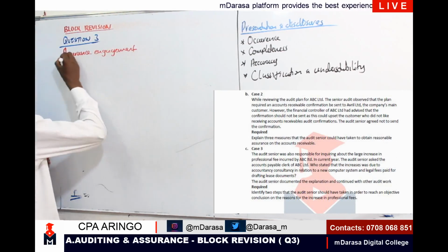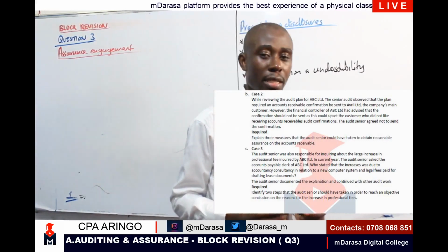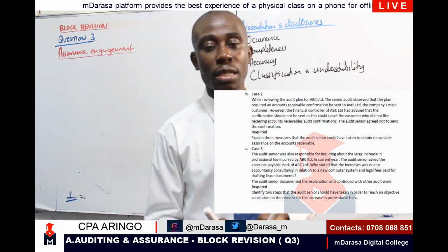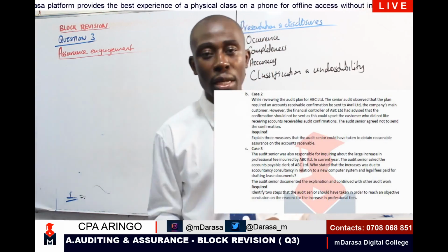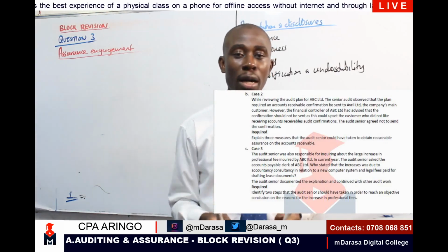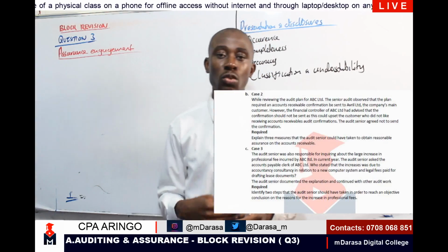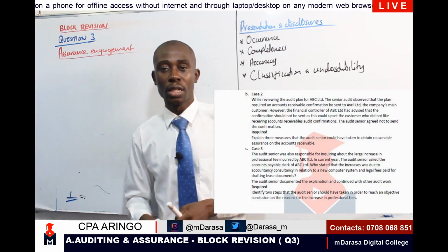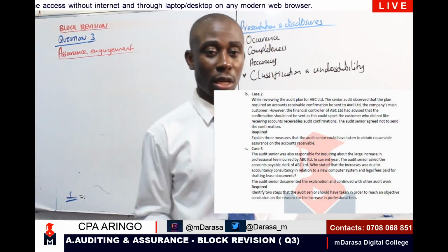Anytime you're talking about assurance engagement, we look at it as a three-party relationship, whereby I have a practitioner who is given the mandate to review the work prepared by the responsible party, so that at the end of the day he gives an opinion which will increase the level of confidence of the intended users against certain criteria.